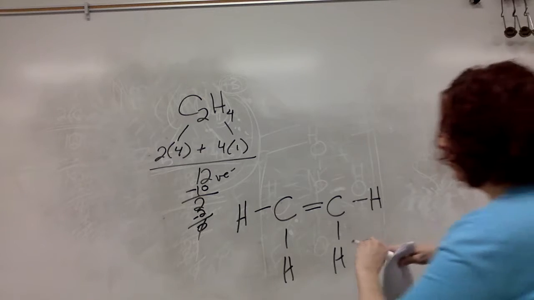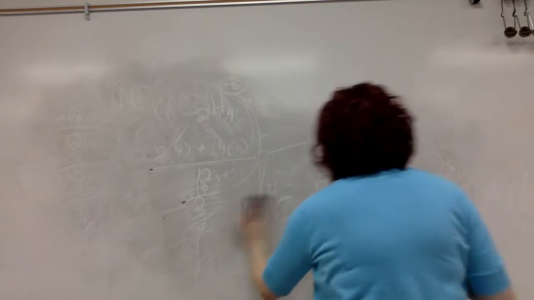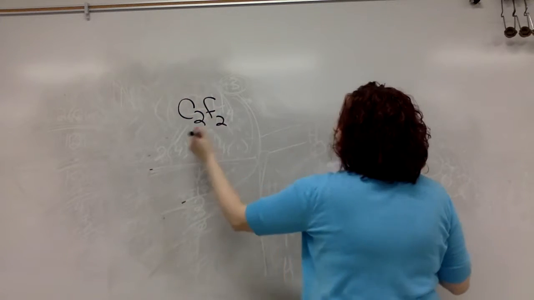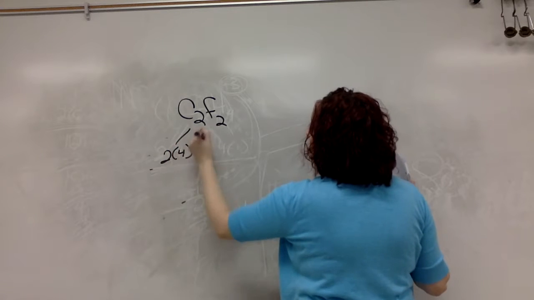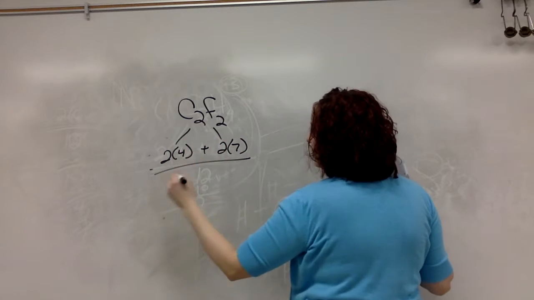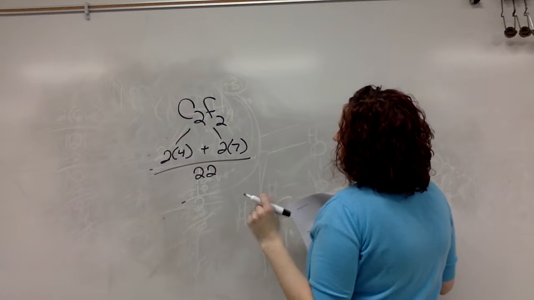All right, let's do another one. C2F2, so 2 times 4 plus 2 times 7, 14 plus 8 is 22, I think. 14 plus 8, yeah.